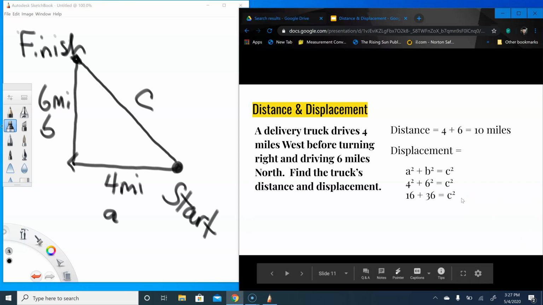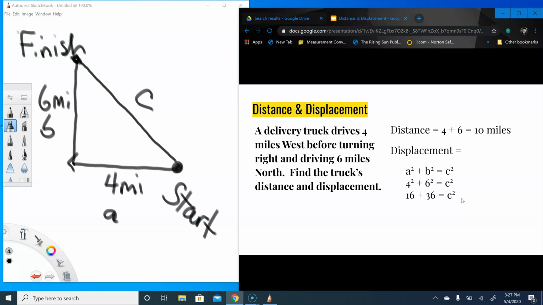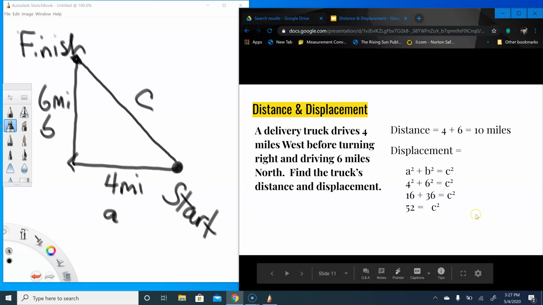So once we calculate out, 4 squared is 16, 6 squared is 36, we add them together to get 52. Now we're not done though, because c squared is 52, so that means we have to get the square root of 52 for a correct answer.